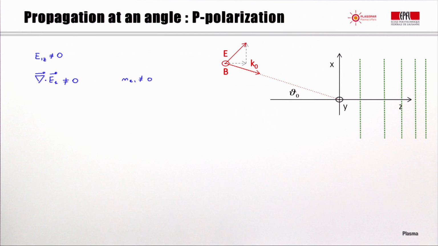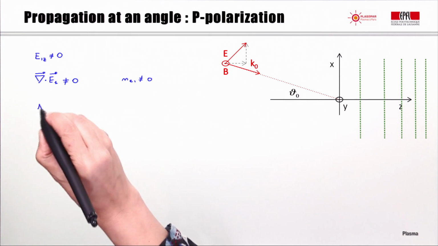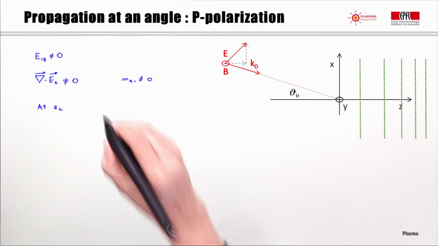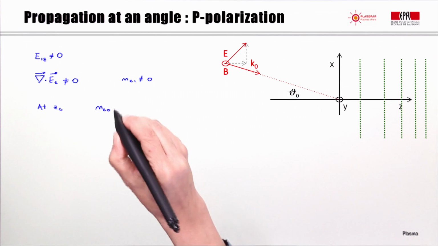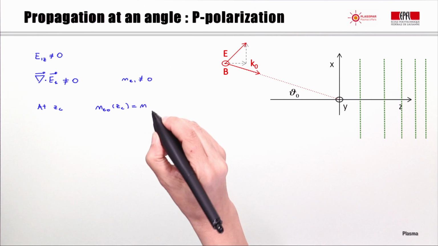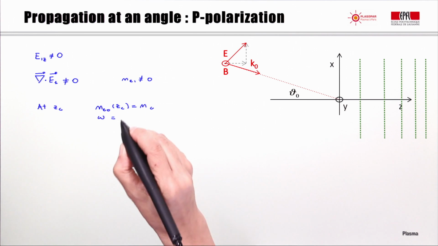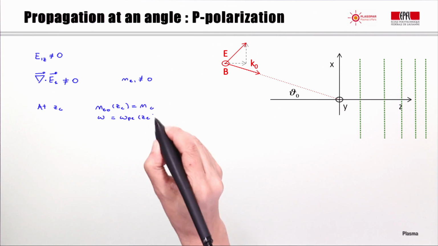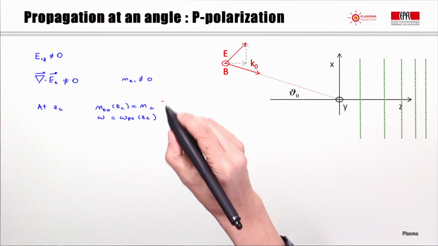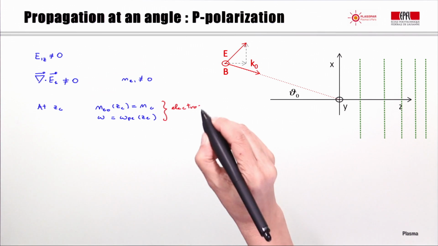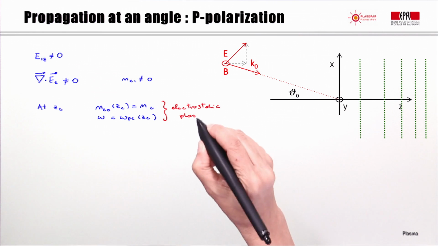As we will see in the next slides, the Ez component of the electric field can act as a forcing term at the critical density and resonantly excite an electrostatic plasma wave oscillating at the plasma frequency. So Zc is the value of Z at the critical density, and here the frequency is equal to the plasma frequency and can excite electrostatic waves.